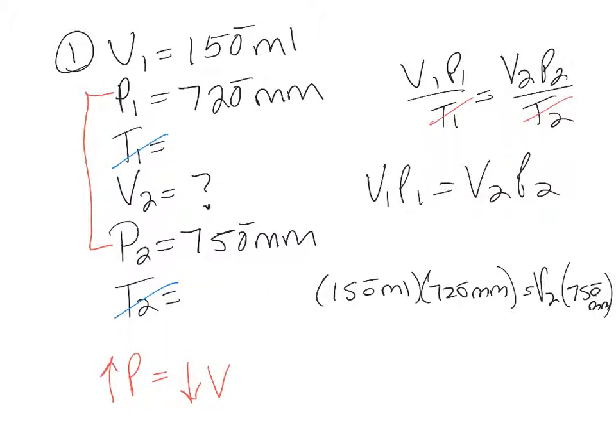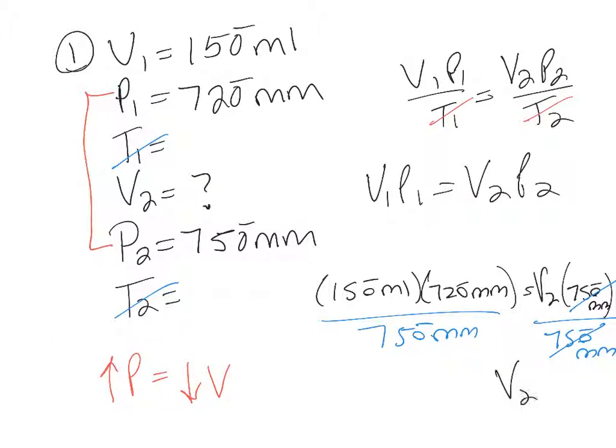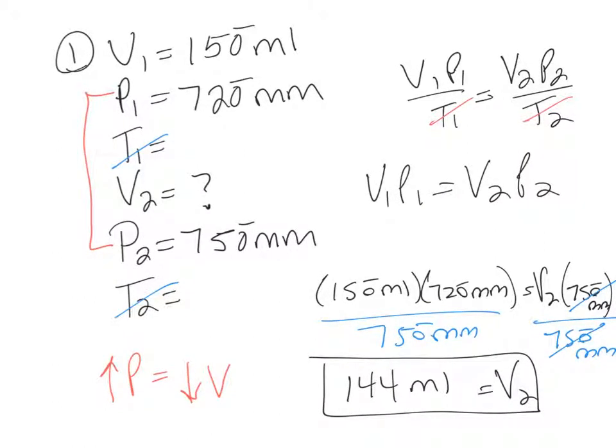All you have to do to solve is divide both sides by 750 millimeters, so it would cancel on this side. Your V2, your new volume, would be whatever you get when you divide those 3 numbers. We would get 144 milliliters. That would be our answer, the new volume when you increase the pressure.